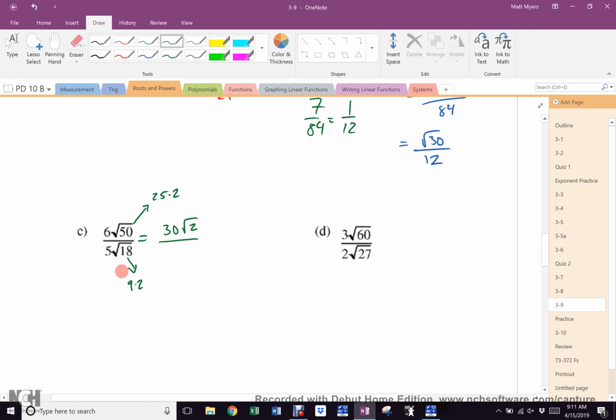So what's coming out? So I've got 15 root what? 2. What's 30 divided by 15? 2. What's root 2 divided by root 2? It's 1, isn't it? So there's no radical in the denominator, so we're done. Everybody cool? What are you going to do with D?